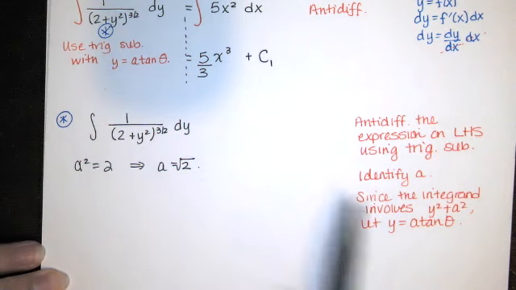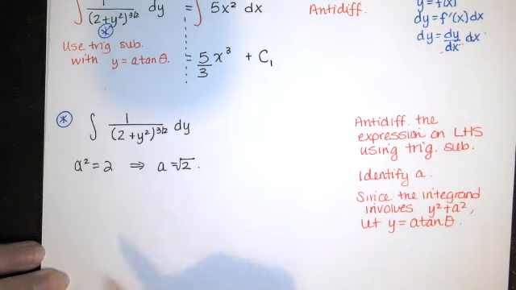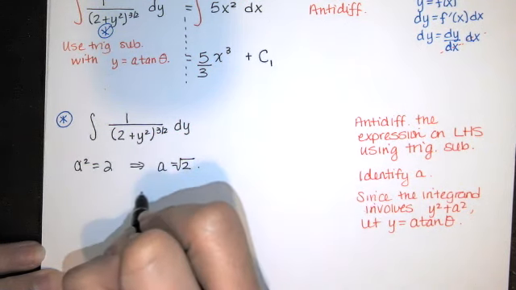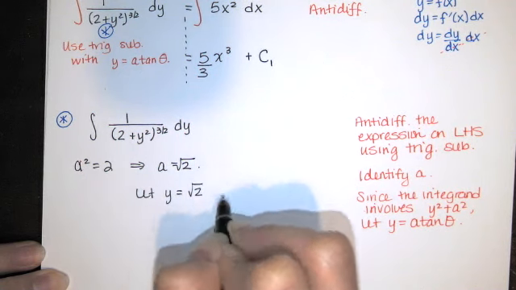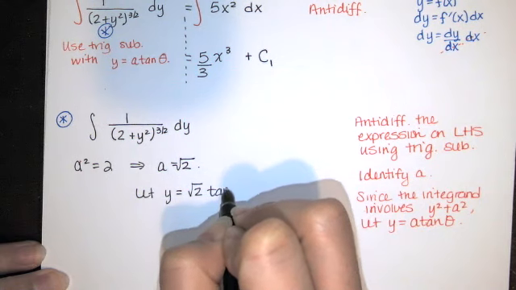Because our integrand involves y squared plus a constant squared, we're going to let y equal a, which is square root of 2, times tangent of theta.